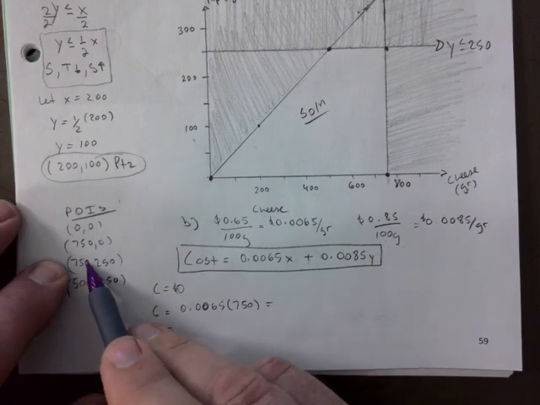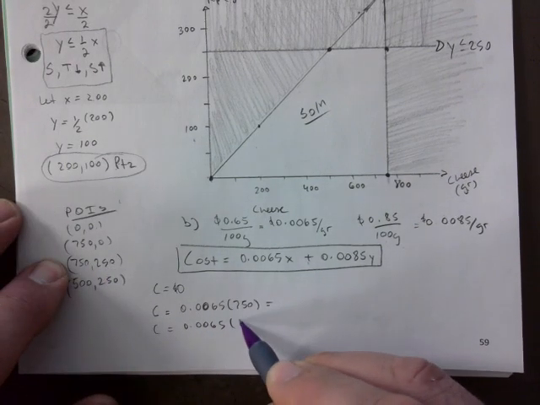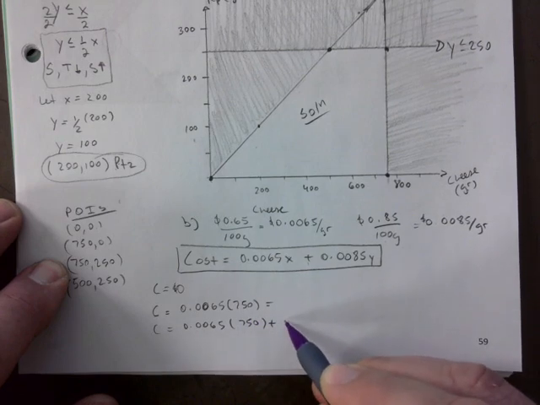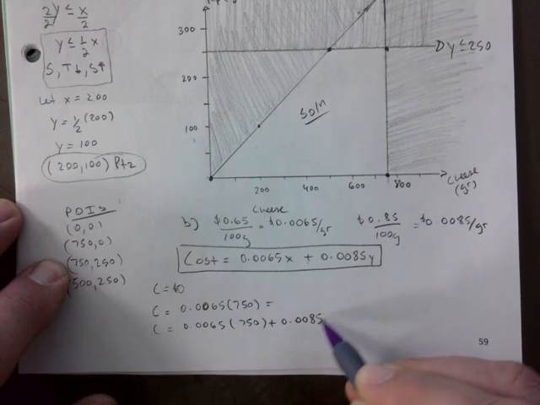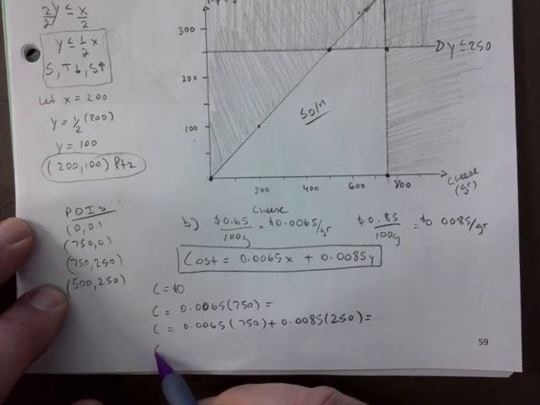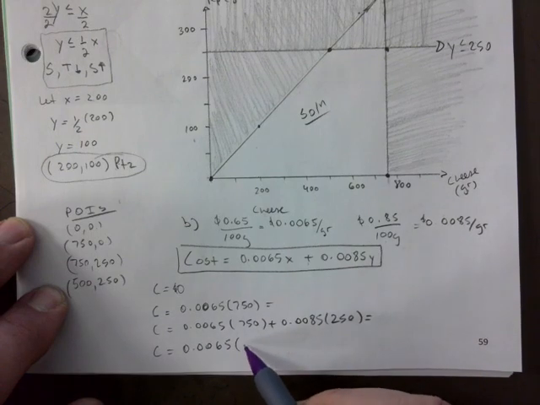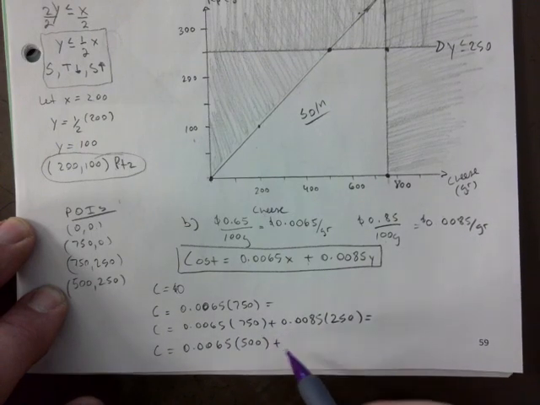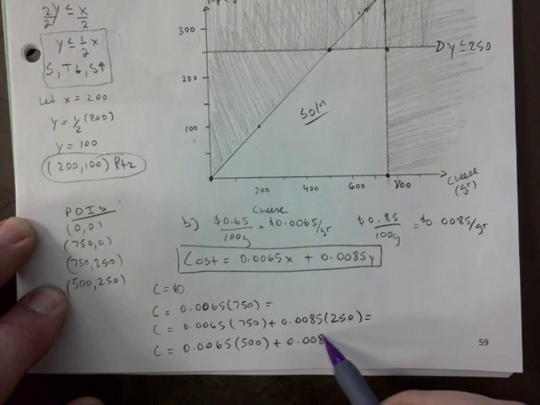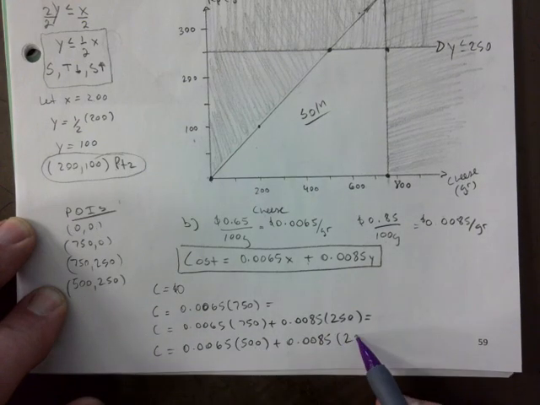And then the next one is 750, 250. And the last one is 500, 250, right? So 500, 250.